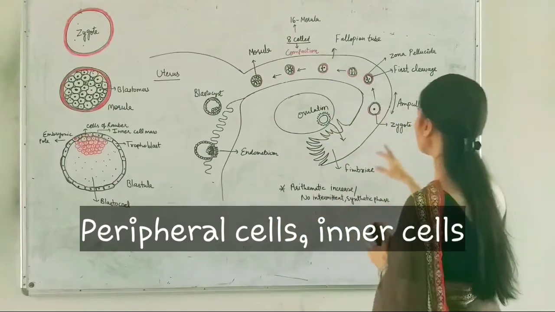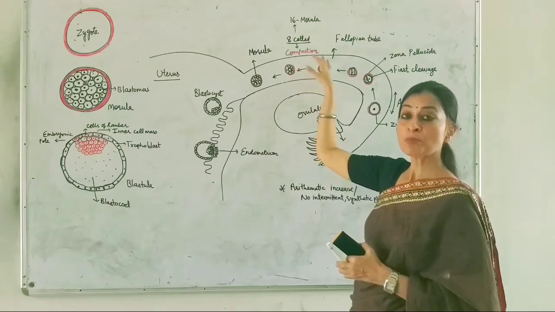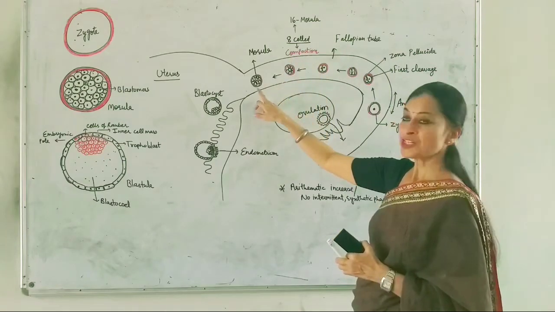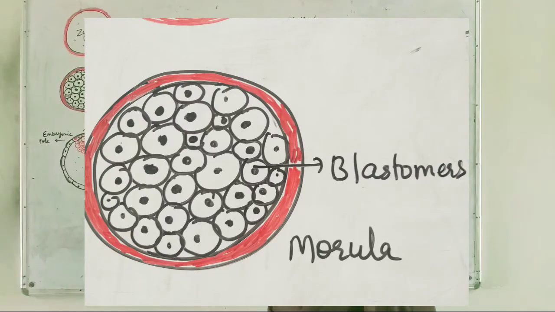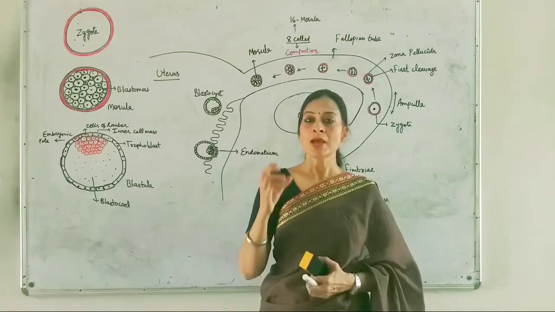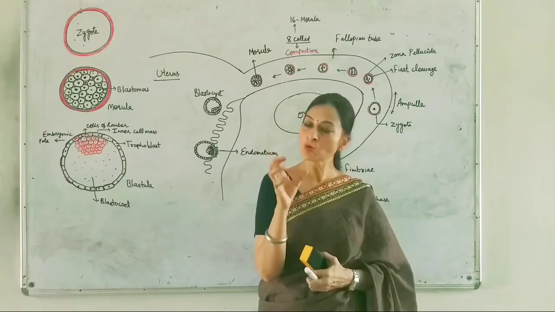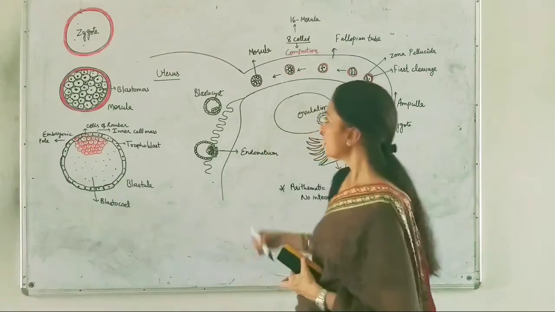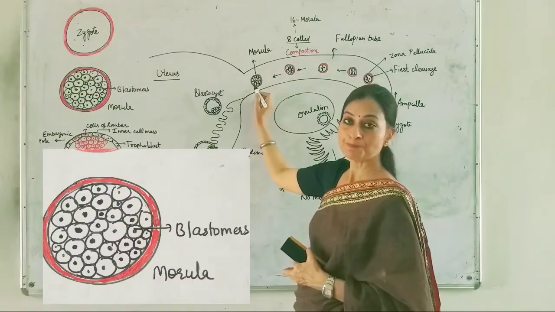Because of the arithmetic increase in the number of cells, we have reached this structure, the morula, and after the 8 cell stage, the 16 cell stage will arrive, and after that the 32 cell stage will arrive, and that tiny cellular mass is the morula, and you should again remember it is still covered by the zona pellucida.